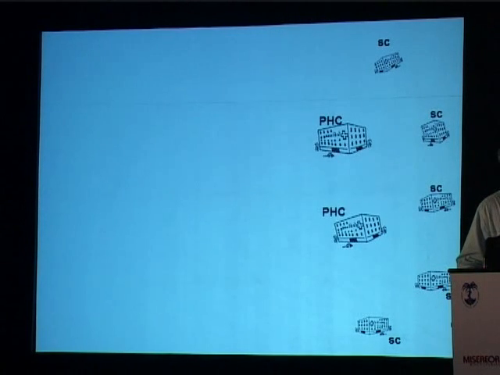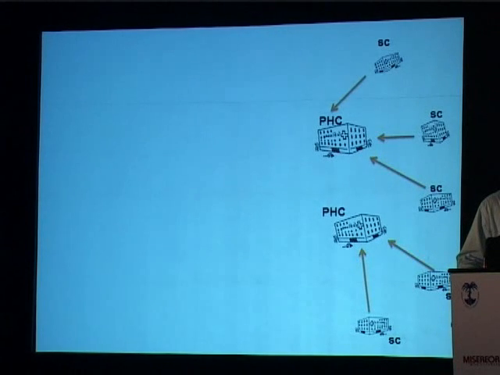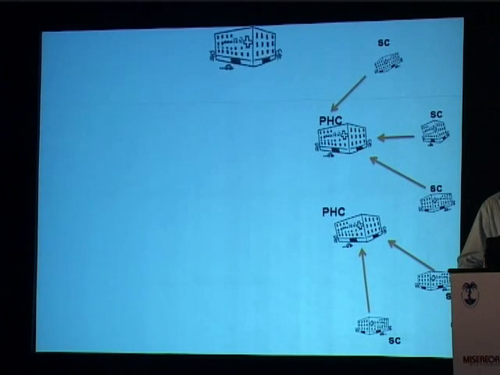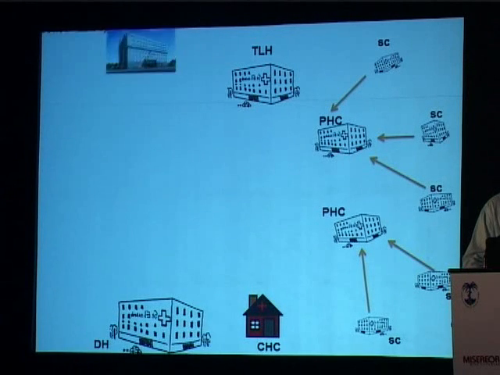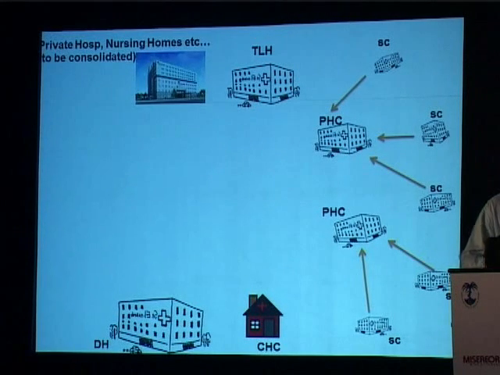How is the system working? The sub-center data will come to the PHCs, and under the PHC the data will get entered. But when we rolled out this HMIS, it was not so. When we rolled out the program, as the speakers already said, it was very difficult.